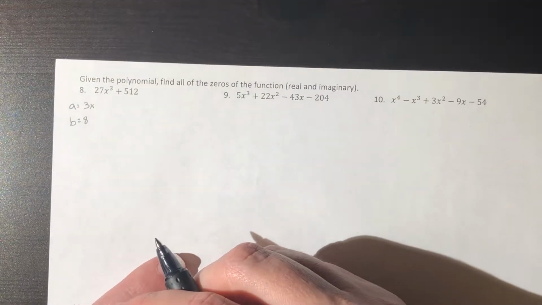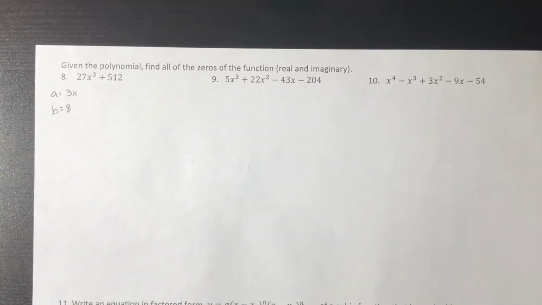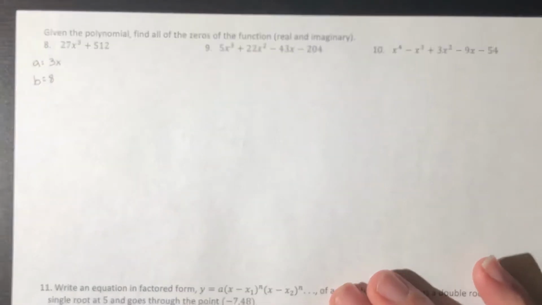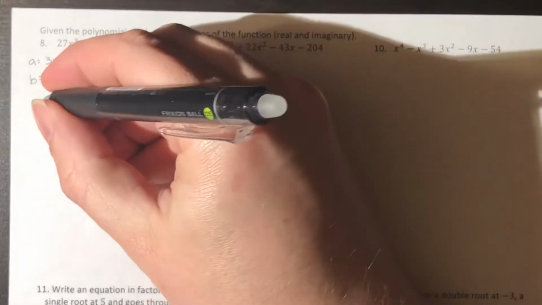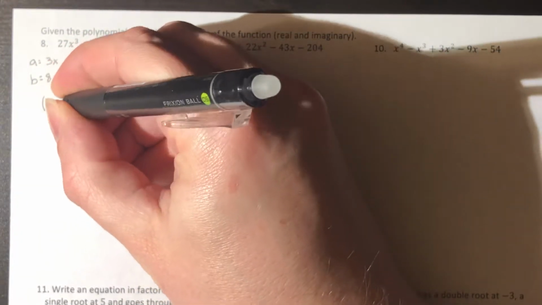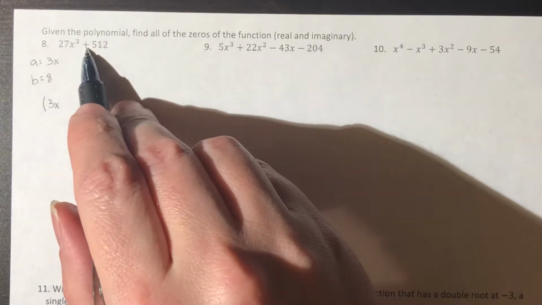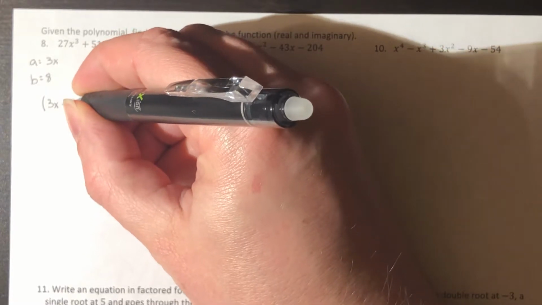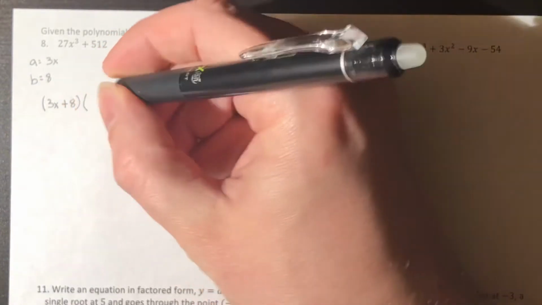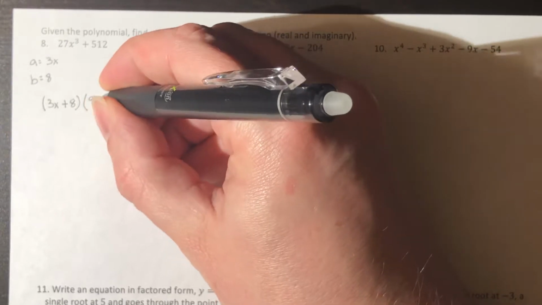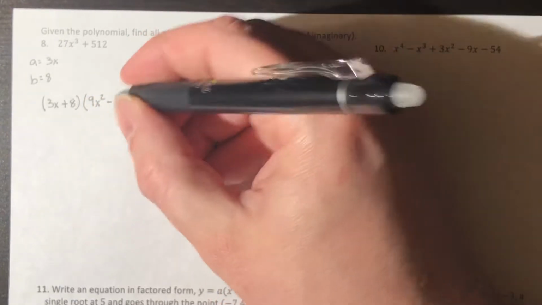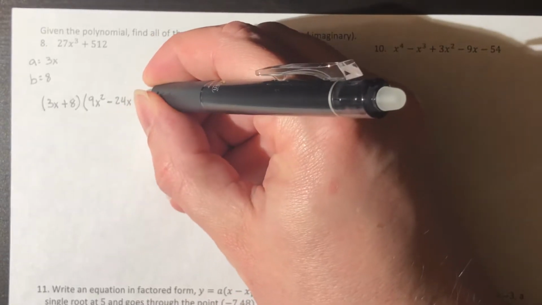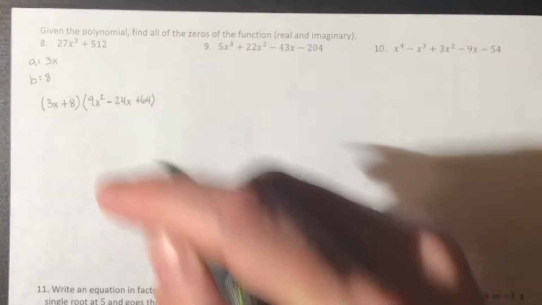So my b value is 8. This is where we had our SOAP. So I had a, 3x, the same, since I started with addition, this needs to be addition plus b, which is 8. And the other factor is going to be 9x squared minus 24x plus 64.